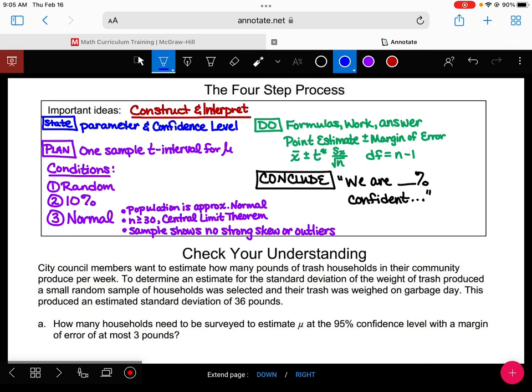If you're done copying this down and you want to get started on the check your understanding, start on part B. I want to go through part A together.